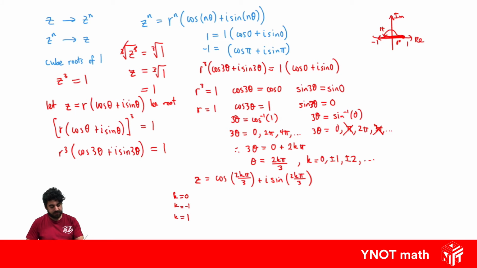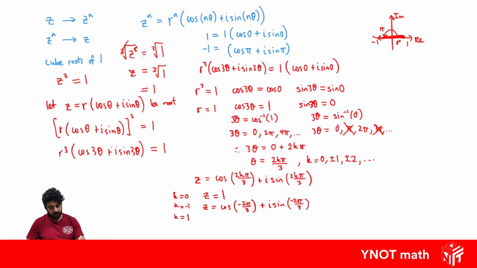So subbing in all these values of k, if you sub in 0 for k, we're actually going to get z equals 1, which we got straight away as a solution. Subbing in minus 1, we're going to get z equals cos of minus 2 pi on 3 plus i times sine of minus 2 pi on 3.